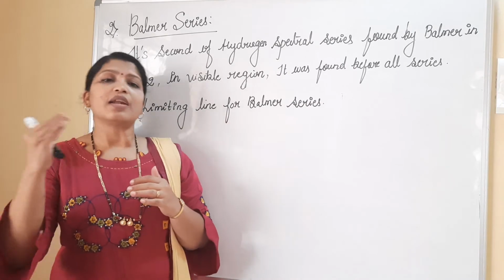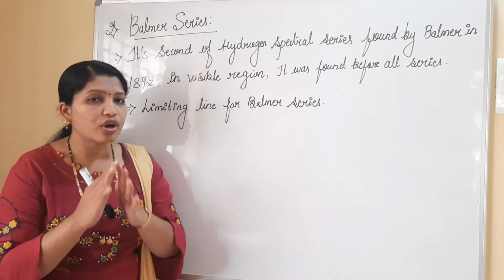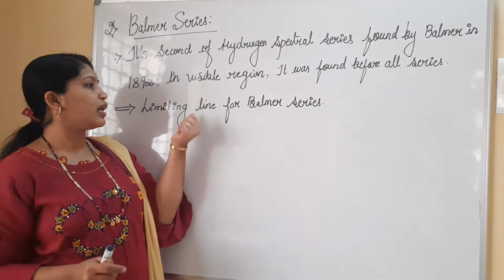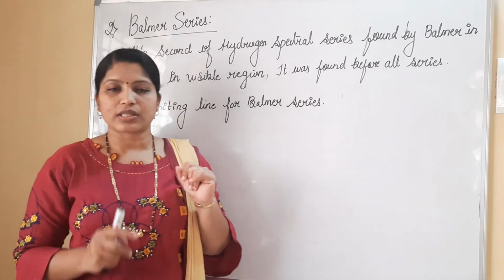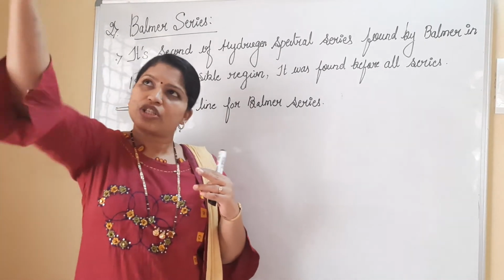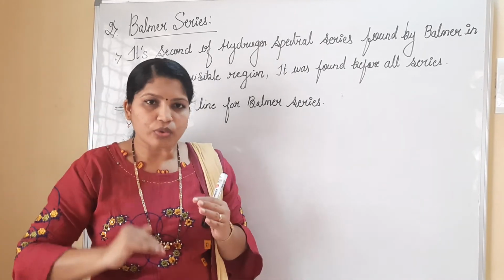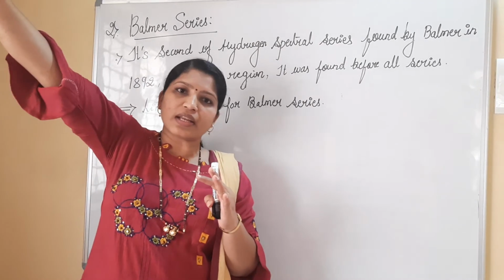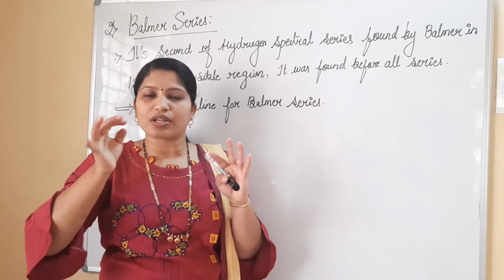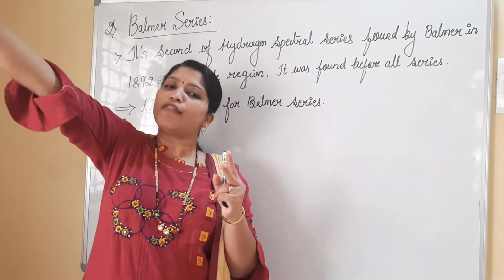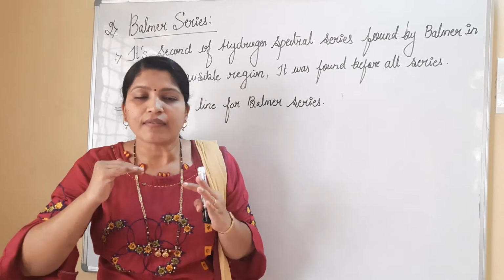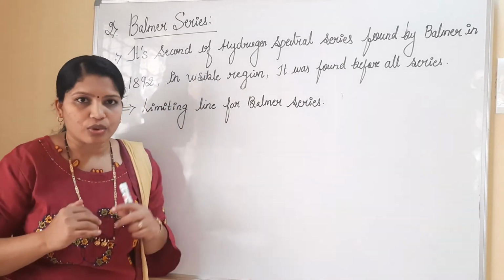From where all it can jump, that kind of calculation is called as limiting line for Balmer series. Limiting line in the sense it may jump from 3 to 2, 4 to 2, 5 to 2 up to infinity. We will be having energy states or the energy levels. From infinity also we can have jump of the electrons to n equal to 2.